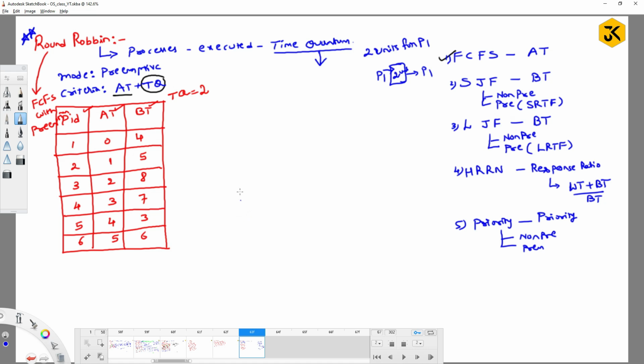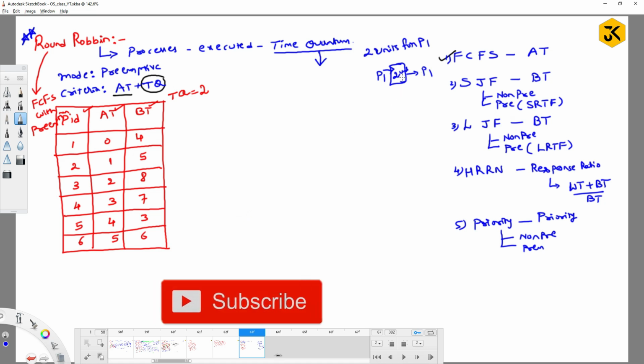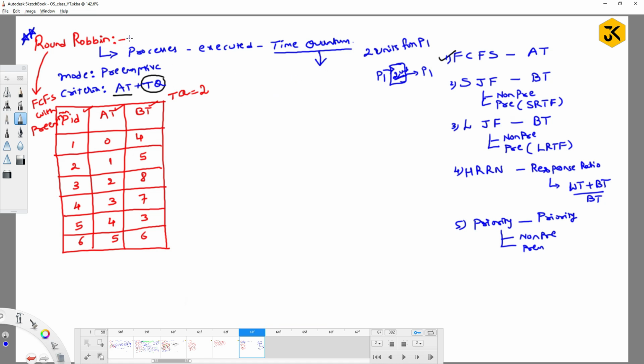As every process has to execute for a particular interval of time, every process will get a chance. Which means in round robin, every process will get a chance after a particular time.